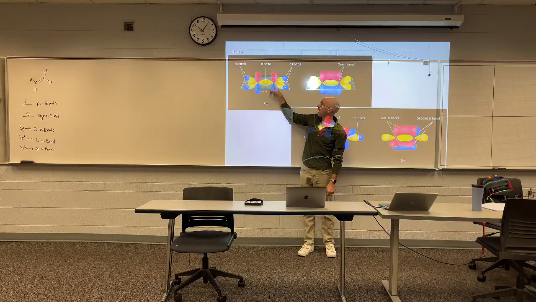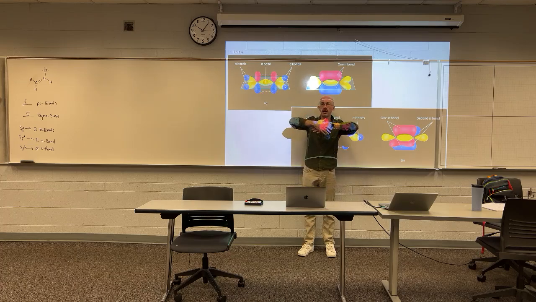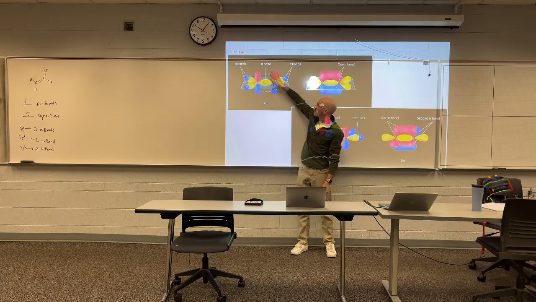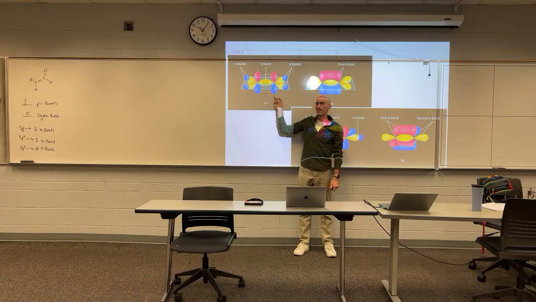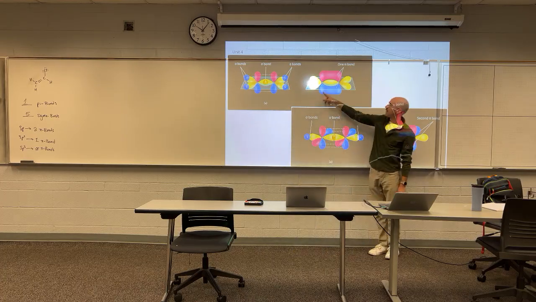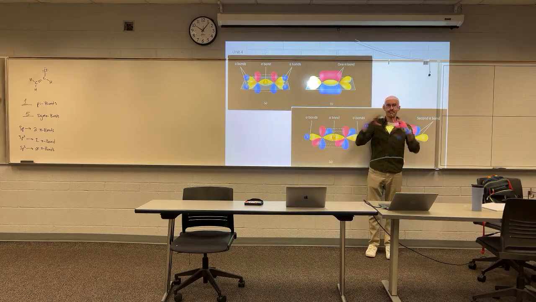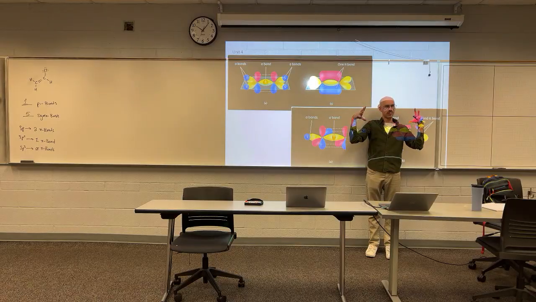And then here, a head-on overlap of 2 hybridized orbitals, a sigma bond. And this is the side-to-side overlap of the p orbitals. You'll notice in this picture, though, that they don't actually overlap. This is what they look like when they overlap. It's like they get ballooned out and they stretch.